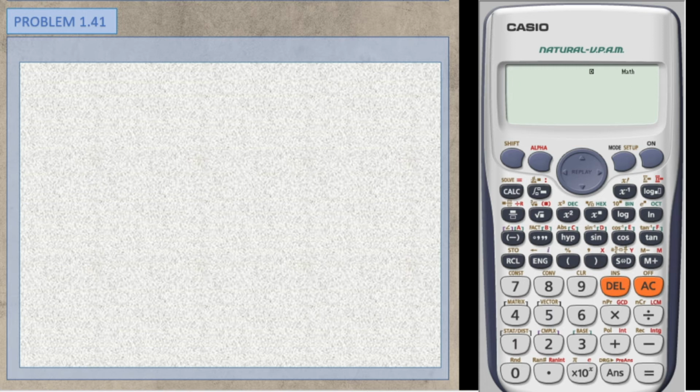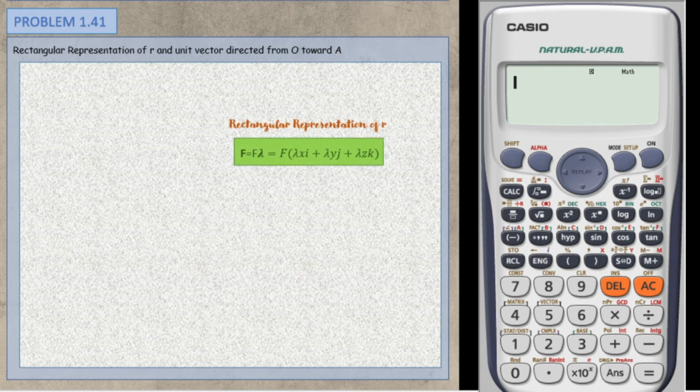For problem 1.41, we need to find the rectangular representation of R and the unit vector directed from O towards A. Just like problem 1.40, the formula that we will be using is F equals magnitude multiplied by its unit vector.